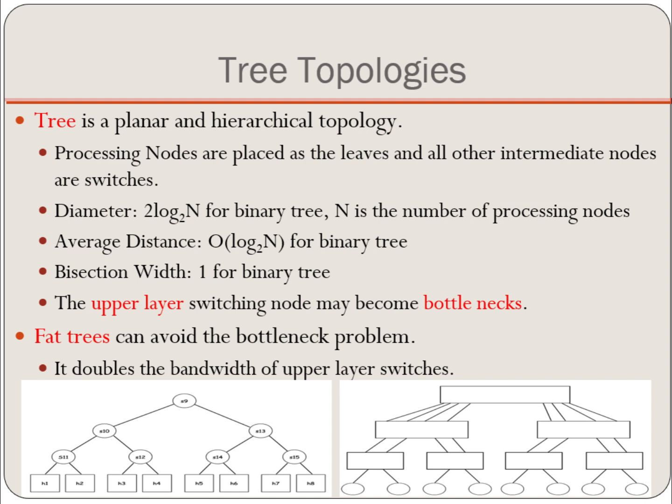Then the reliability of this one is also increased. So that's why this tree type of connection, this fat tree, is probably better than a normal binary tree in most cases.